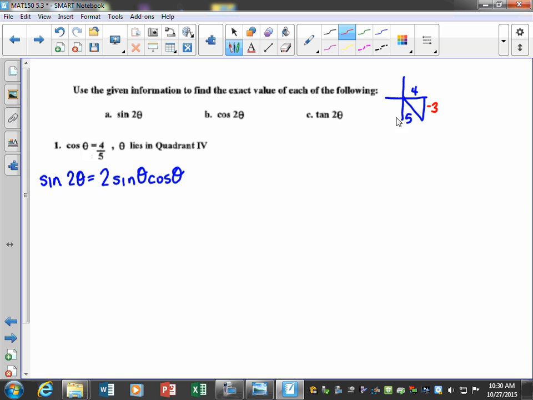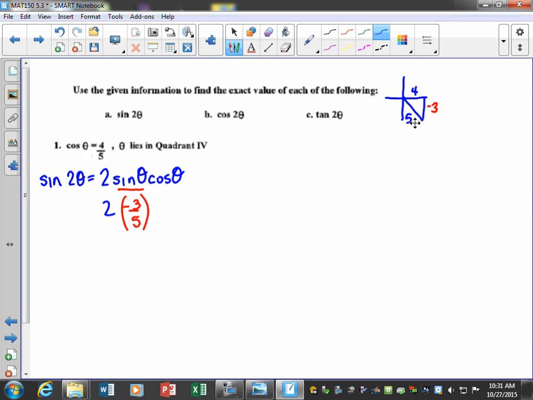Alright, so now that we have this, we want to use that information to plug in here. What is going to be the sine of theta? Your sine of theta is your y value over your r value, so that's going to be -3/5. Let's drop this 2 down.